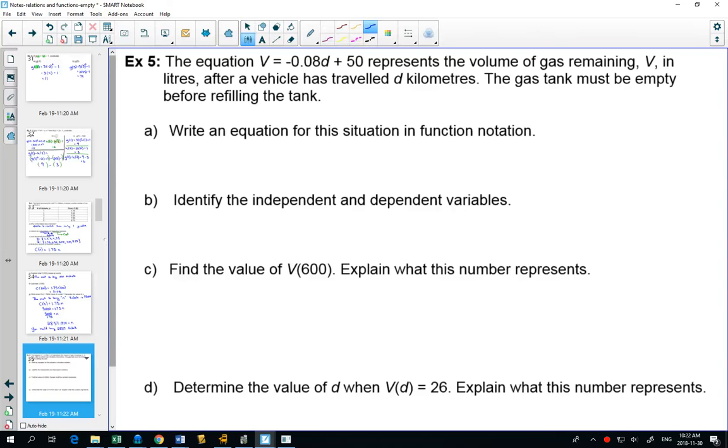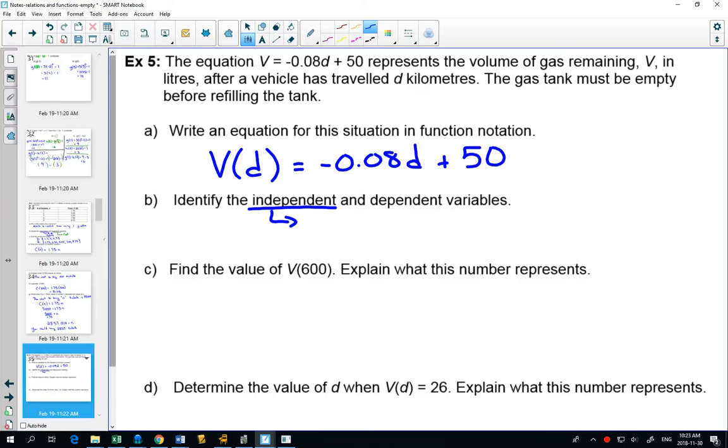Write this equation in function notation. So in function notation, it looks the same except we put those brackets. That volume is a function of distance. Independent here, those would be your x values.